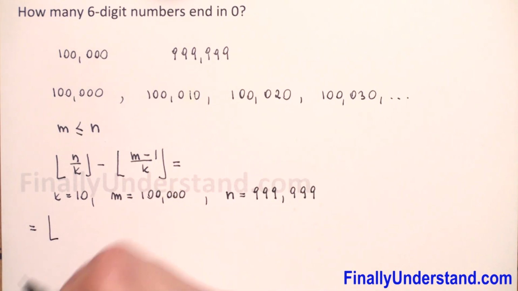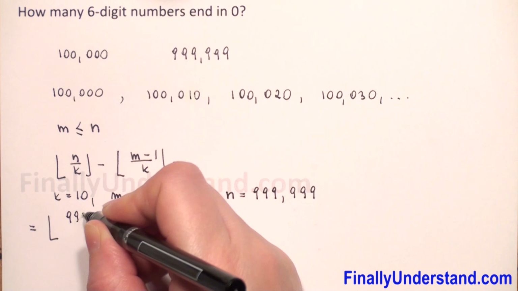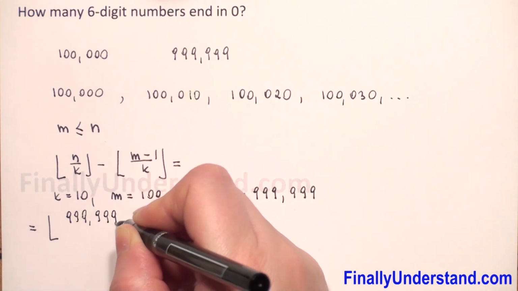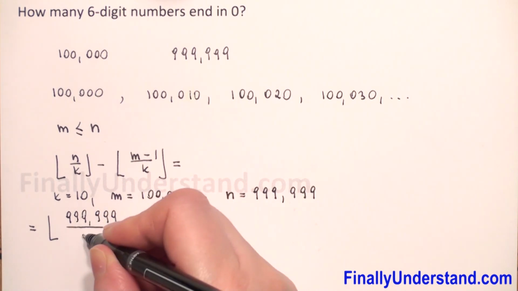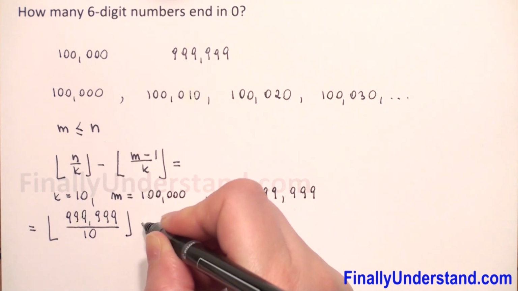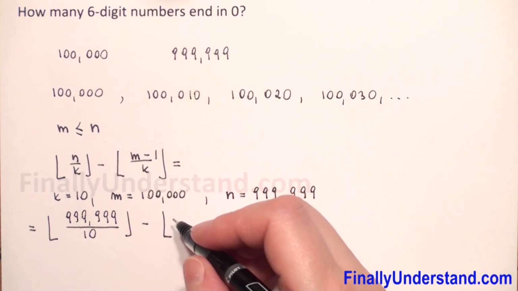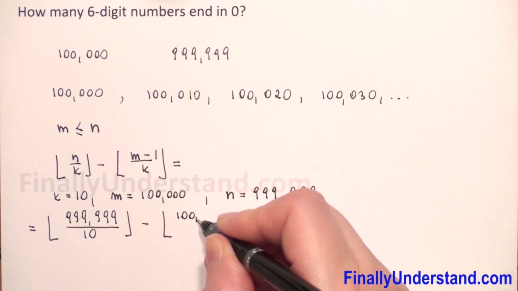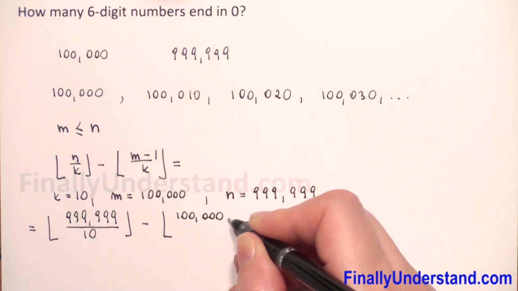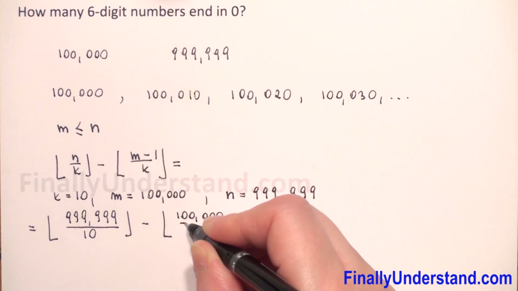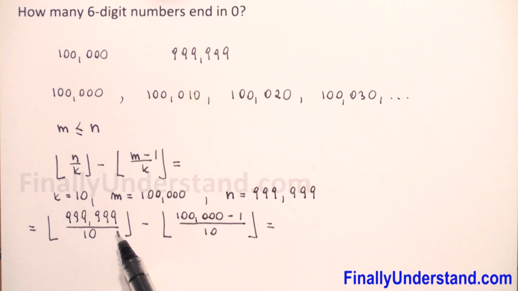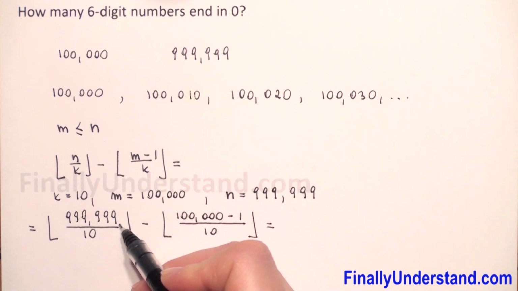We have the floor of n, which is 999,999 over 10, minus, and now m is equal to 100,000, minus 1, over 10.